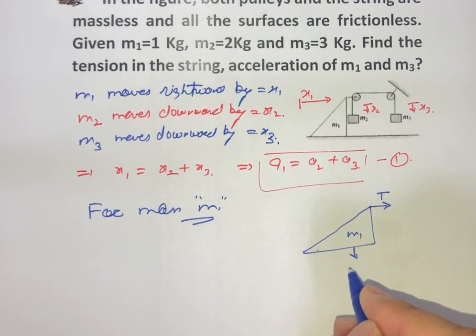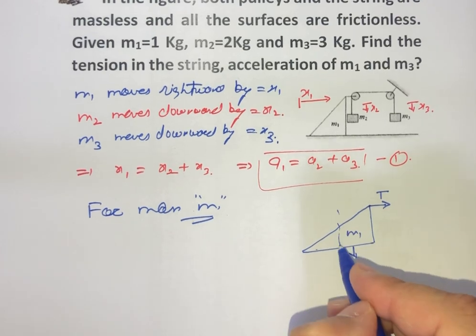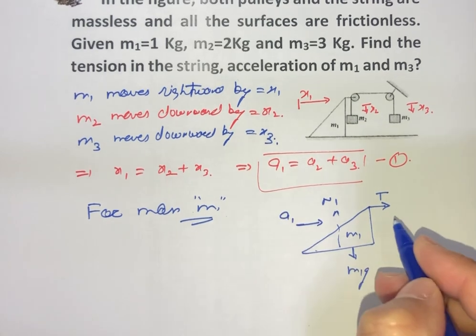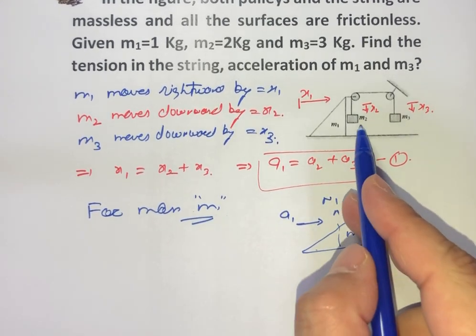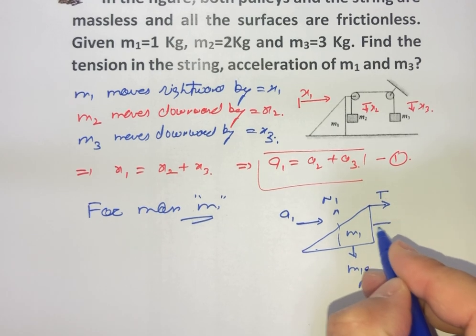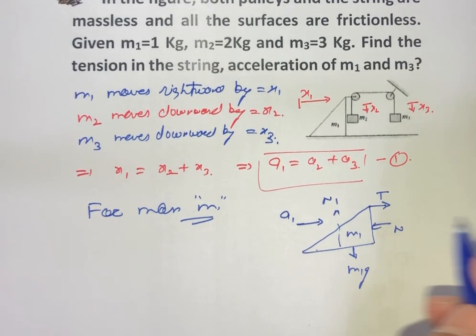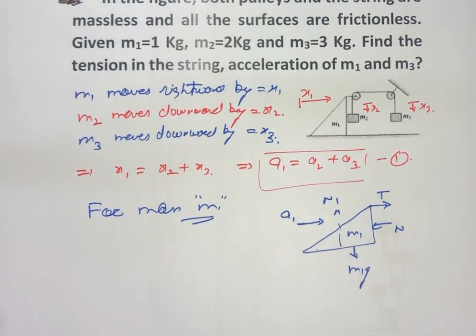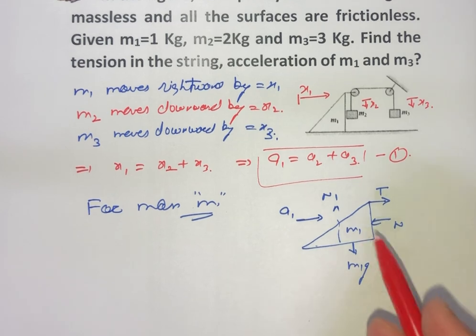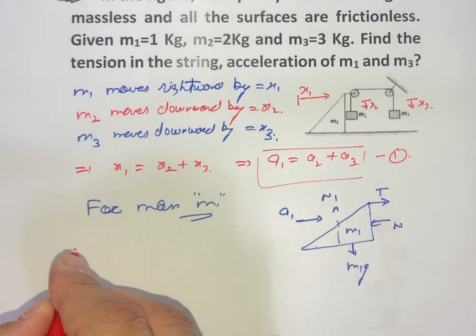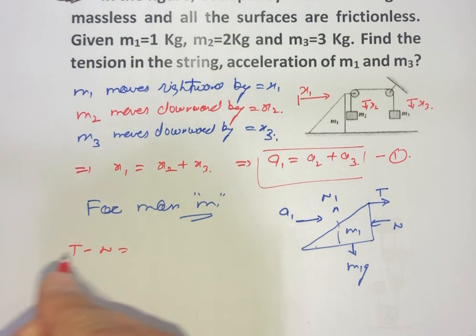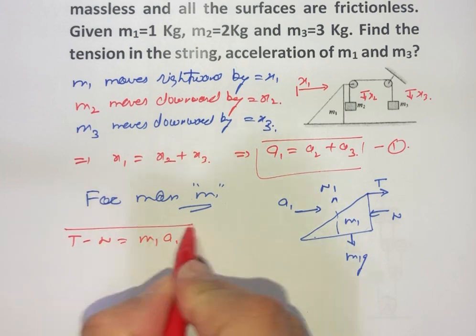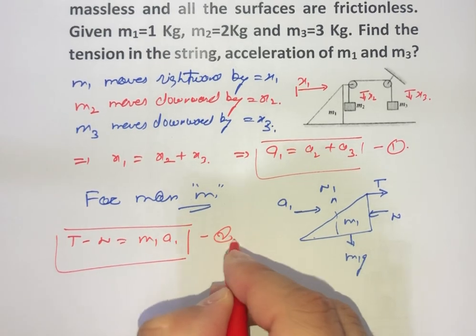In the downward direction we are going to have M1g, and there will be a normal, let us suppose that is N1, moving towards the right side with acceleration a1, and because of the M2 block, let us suppose there is a normal N. So we are only interested in the horizontal part. So from here we can write the equation of motion as T minus N is equal to M1a1. Let this be equation number 2.